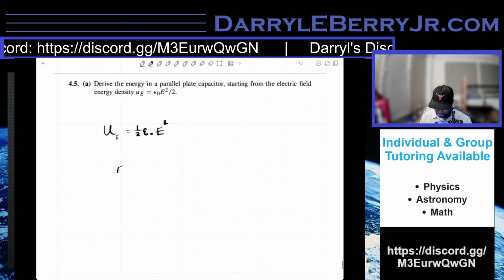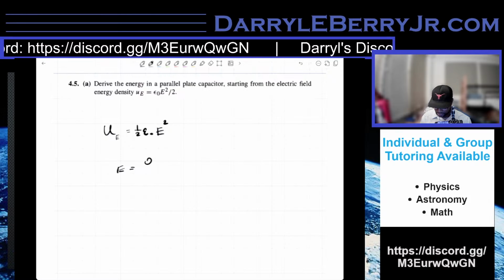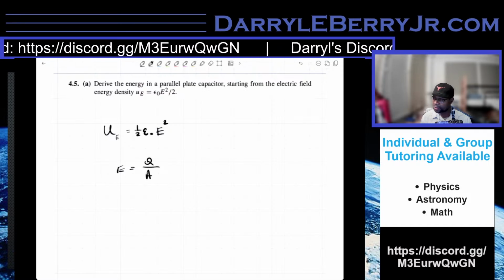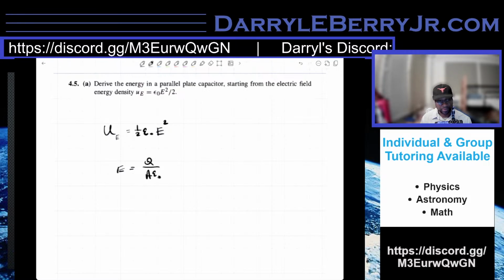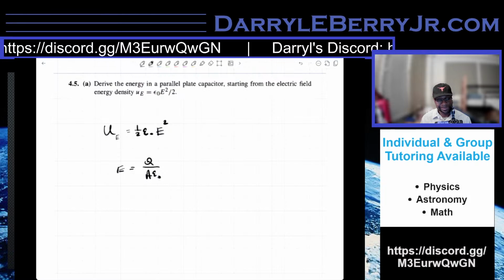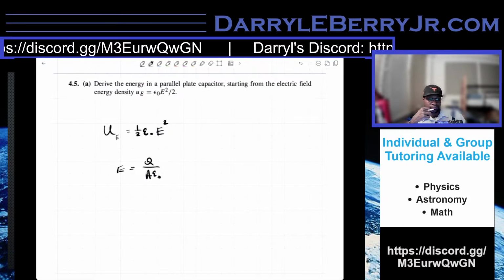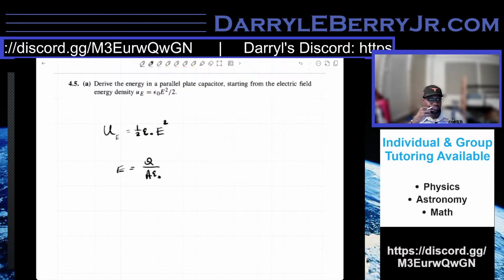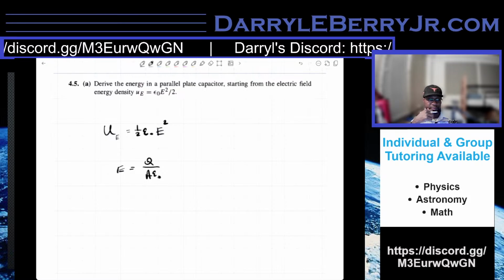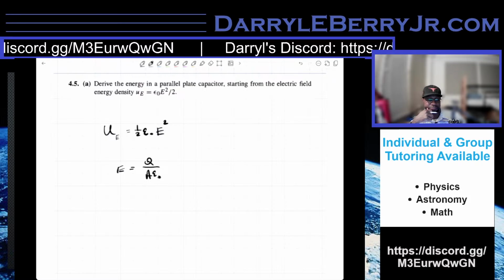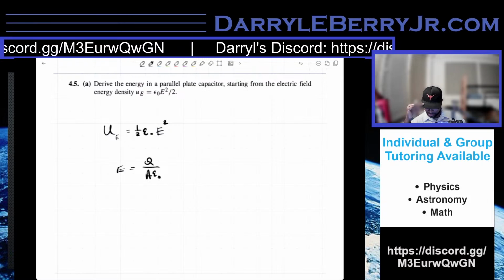We have that E equals Q over A epsilon naught. So to come back to this one, remember these equations.